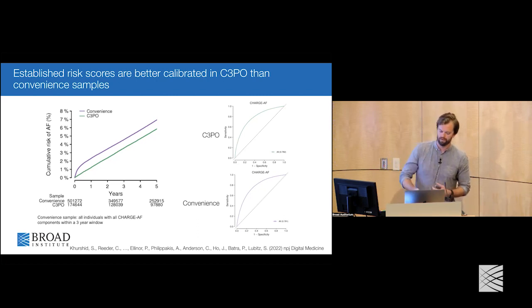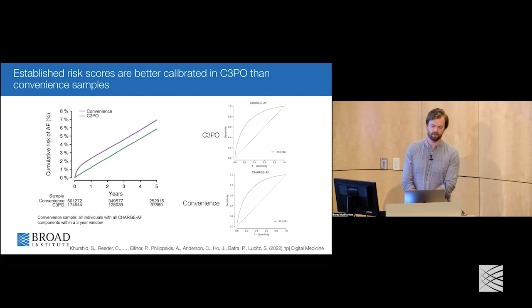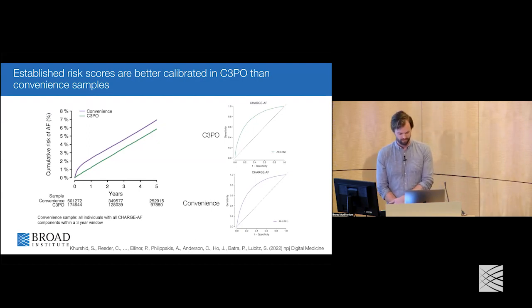And you can see by that early bump in the convenience sample, indicating that the convenience sample is probably over-enriched for people who are closer to developing atrial fibrillation than the general population. And so between the two cohorts, the score is comparably discriminative. So this gave us confidence that things like risk scores that we develop through C3PO would be more effective in application to the general population, which is our goal.